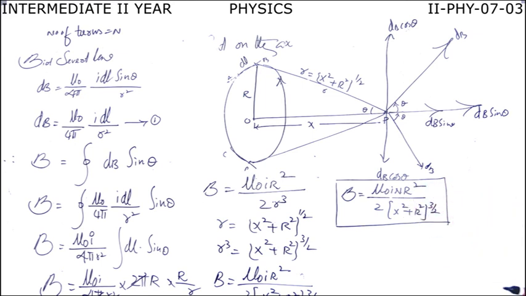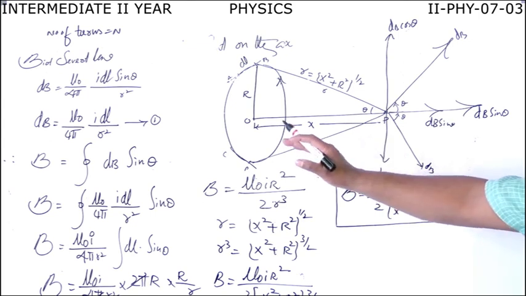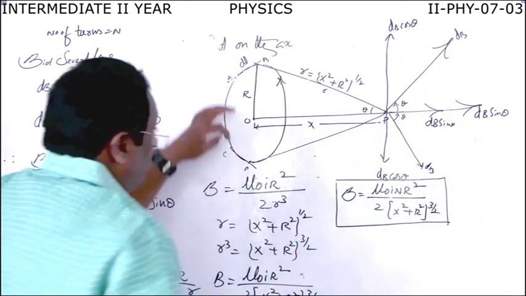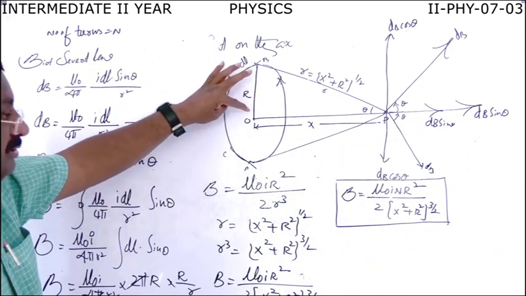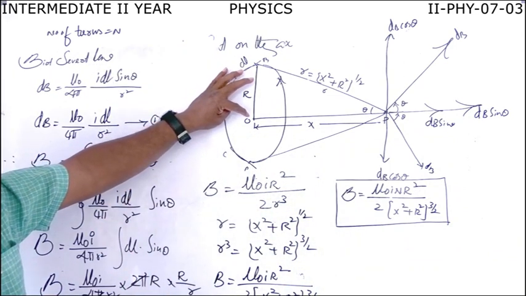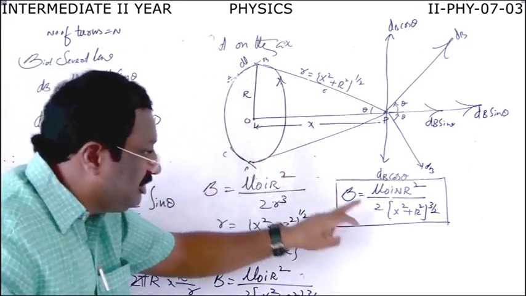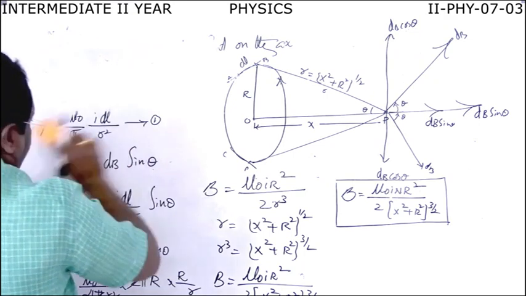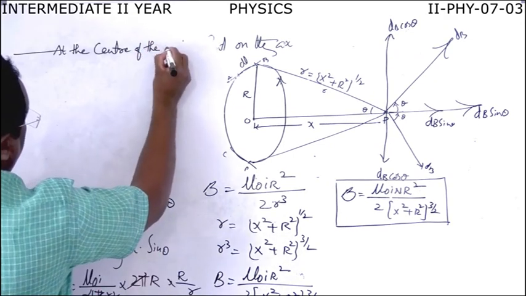But now we want to take the magnetic induction, or the magnetic field, at the center of the coil. To find it, we take x equal to 0 in this equation.